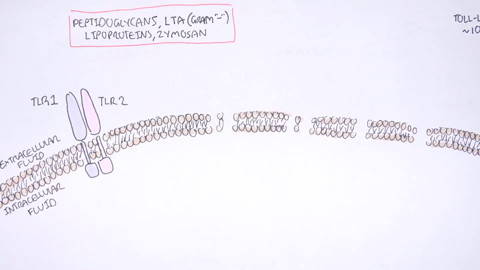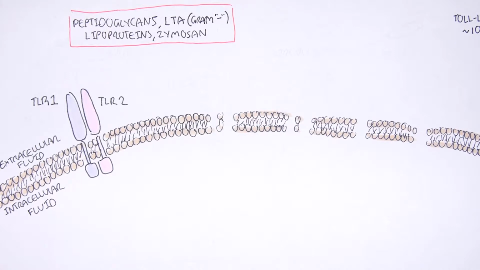So all these different things will activate toll-like receptor 1 and toll-like receptor 2, which will cause them to form a dimer. And what happens after this, I'll talk about later. But we'll just focus on what these different toll-like receptors recognize first.